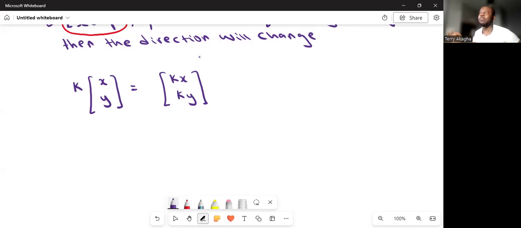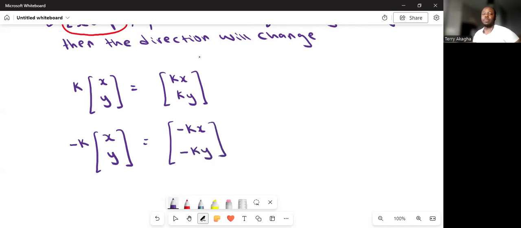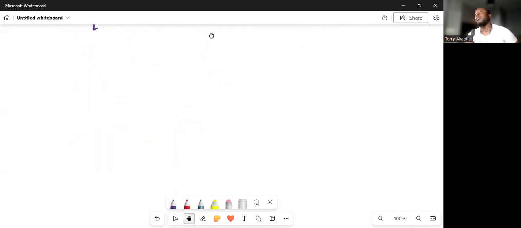But if you have minus k multiplying x and y, your final answer is going to be minus kx. So you can see that means the direction of x has changed in the opposite direction. And it's going to give us minus ky.